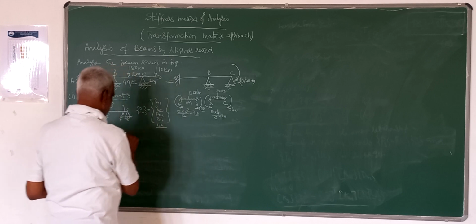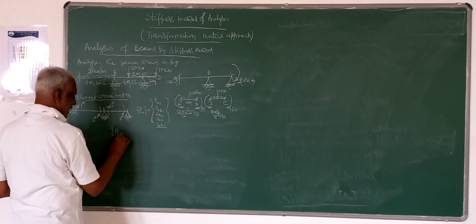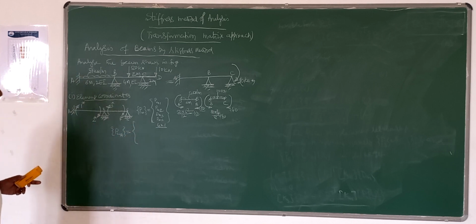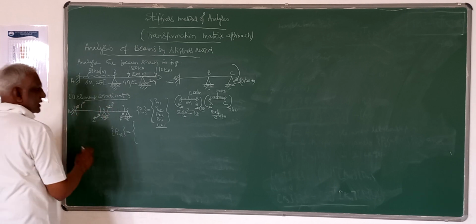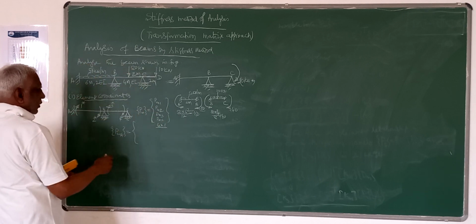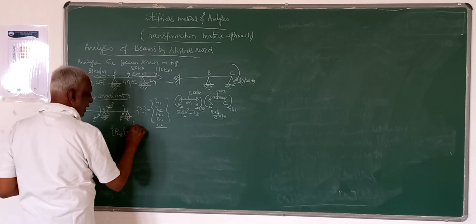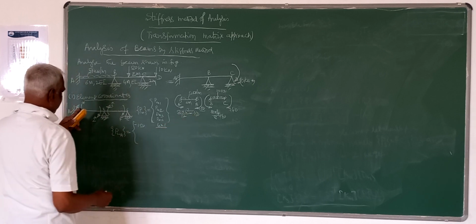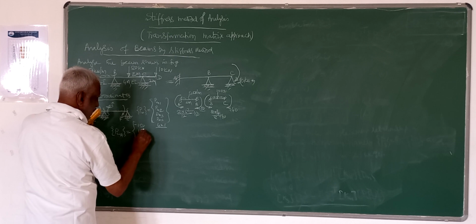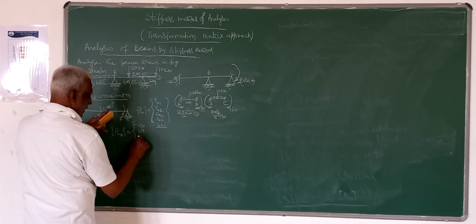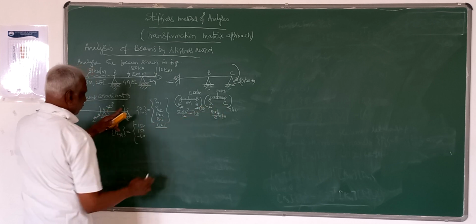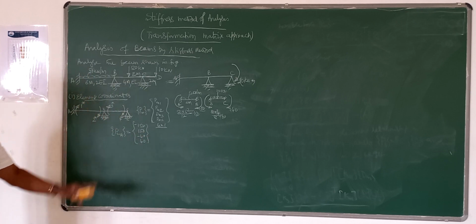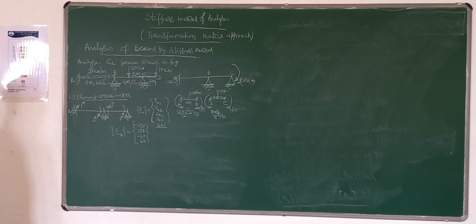That particular thing we call the fixed end moment, and we indicate it by the matrix PMF. Loading acting as external load will be replaced by equivalent joint load, and that will be equal to: corresponding to 1, minus 150, corresponding to 2, plus 150, corresponding to 3, minus 40, corresponding to 4, plus 40. This is the fixed moment corresponding to these element coordinates.